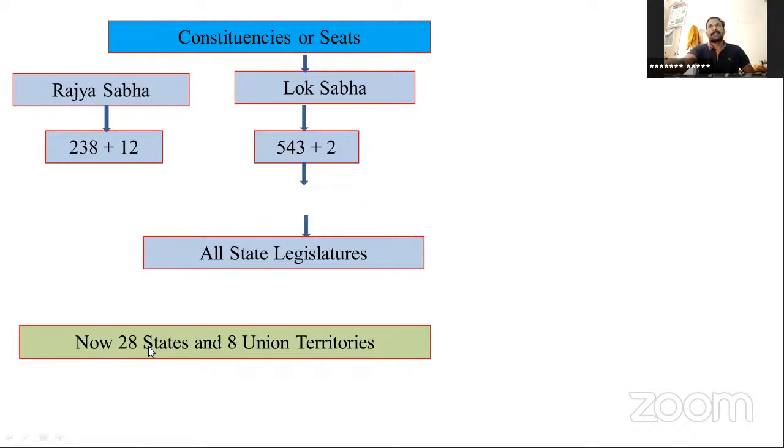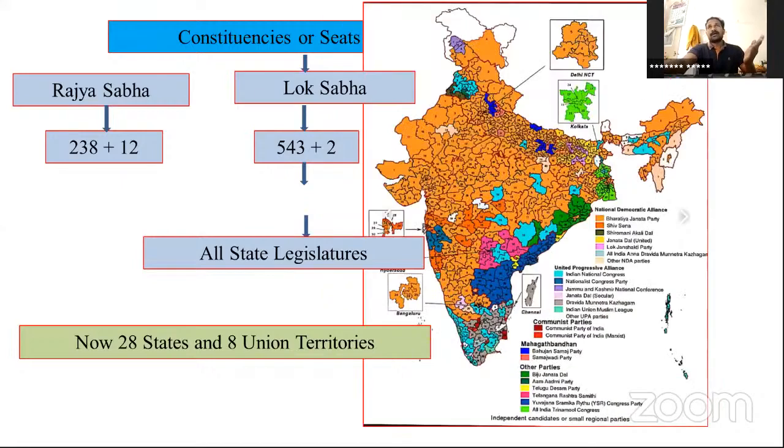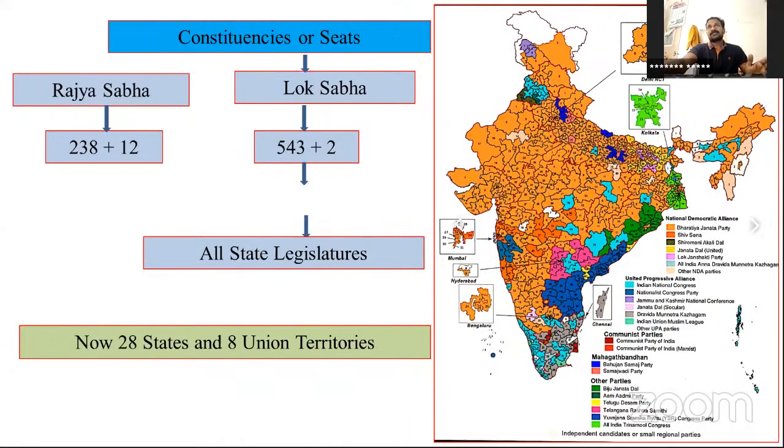Now India has 28 states and 8 union territories. Recently, actually, our India has 29 states and 7 union territories.